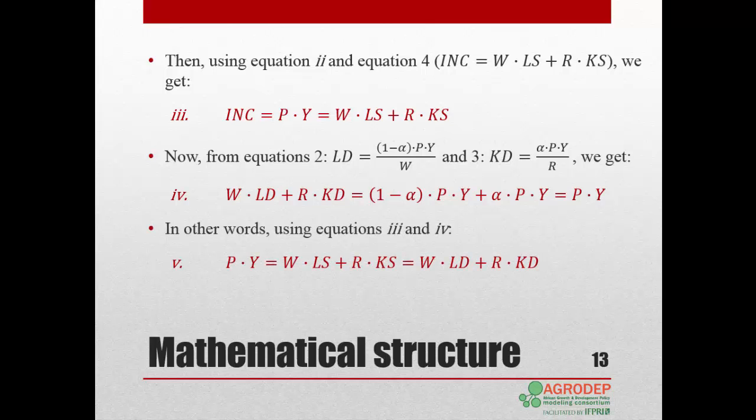In other words, using equations III and IV, we can show the following equality of equation V, which says that PY is equal to the total value of factor supply and is equal to the total value of factor demand.